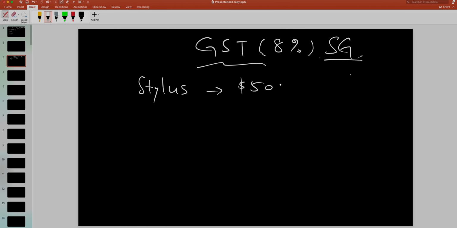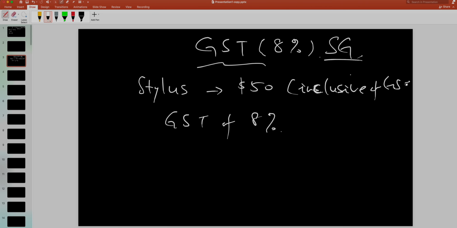So a GST of 8%. Sometimes they will tell you the $50 here is inclusive of GST. You know what's the meaning of this? Inclusive of GST? GST included.